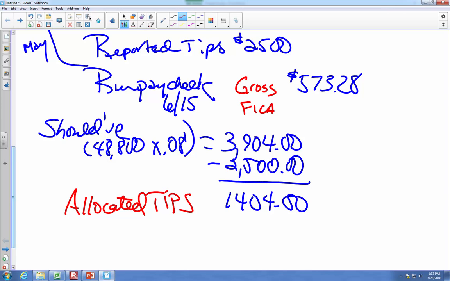What did he make so far? This is his gross paycheck. That's a good question. What has he made so far? But he hasn't capped. Times what? How are you going to get the FICA out of his tips?